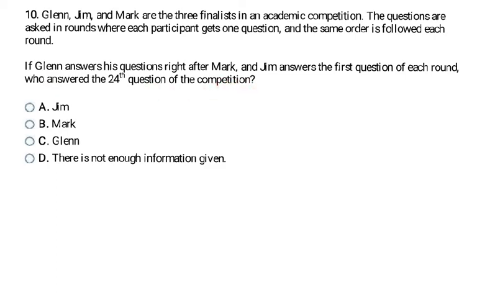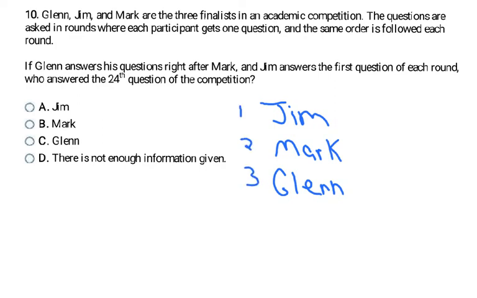So let's go ahead and write the order they go in. So Jim answers the first question of each round, and Glenn answers his questions right after Mark. So Glenn is after Mark. That means this is the order they must go in. So first, second, third.